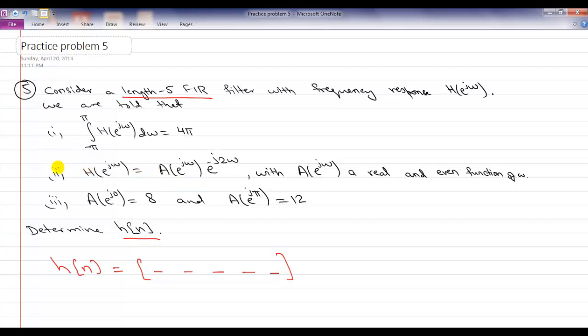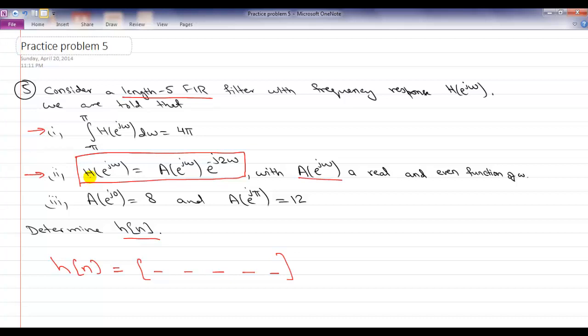But if we come to the second condition, so this is the first condition we are given. Let's come to the second condition. H(e^jω) is A times e^jω e^(-j2ω), with this A being a real and even function of ω. What does this mean? This means that this is a linear phase filter.